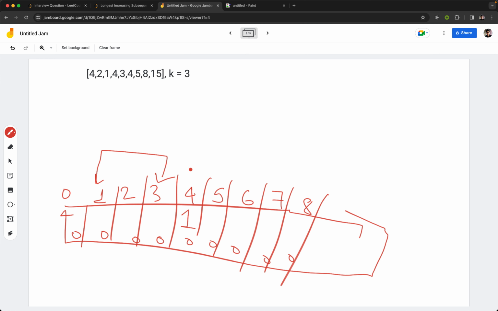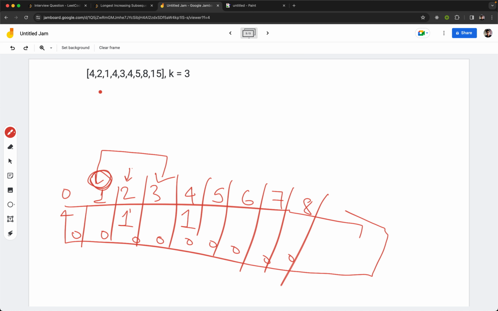Got it. Now the next element comes as 2. When I am at 2, I would be querying only this. Fine. Now what is the maximum of just range 1? It is 0. And if we include 2 with it, the length would be 1, and my subsequence would be just 2. Fine.